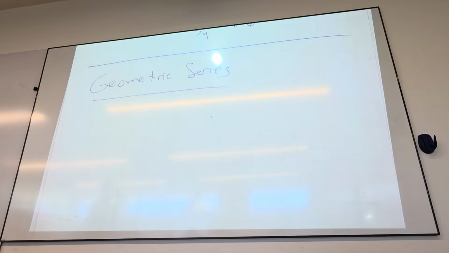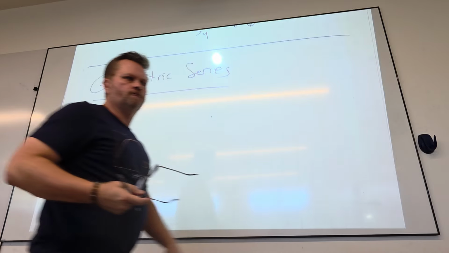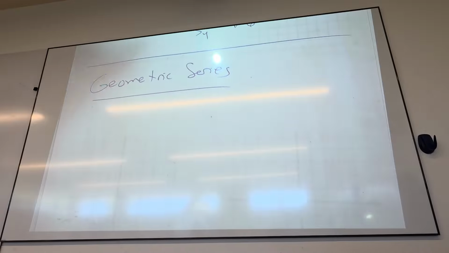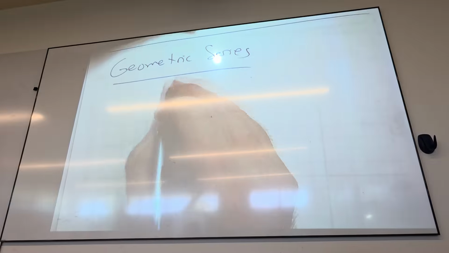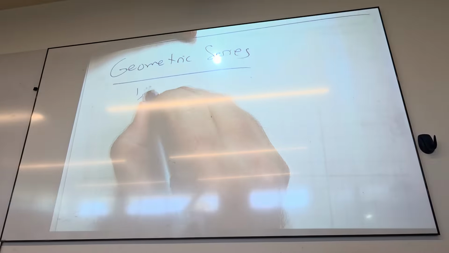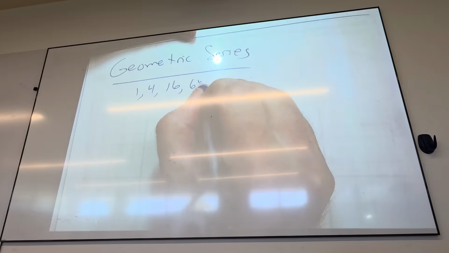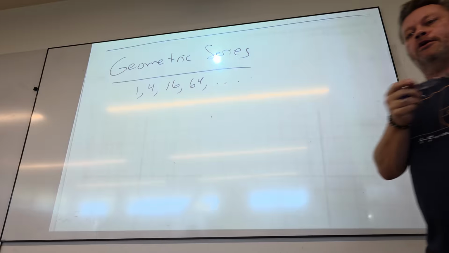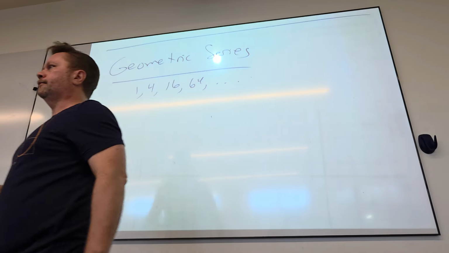Geometric are built on multiplying, dividing. Just to remind you guys, there actually is no division, so it is based on multiplication, either by a whole number or a fraction. So an example of a geometric series would be something like this here, right? That's geometric. Very quickly, that's not going to converge, right?